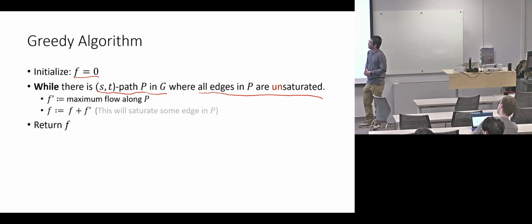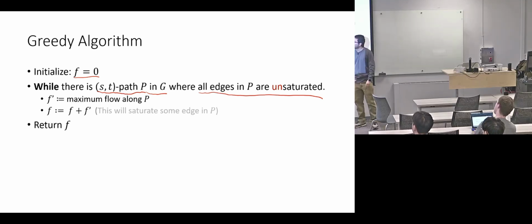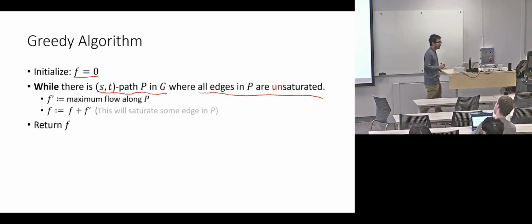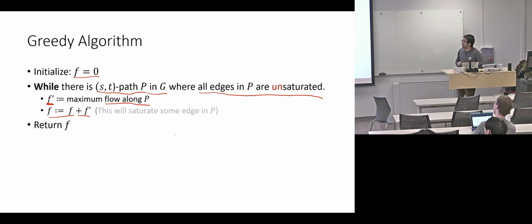Then once you have this path, you send flow along the path. Let F prime be the flow along the path, as much as possible. Then add this flow into your solution F, and keep doing this until you cannot find any path like this, and then you return.